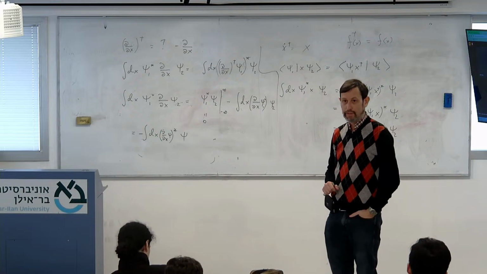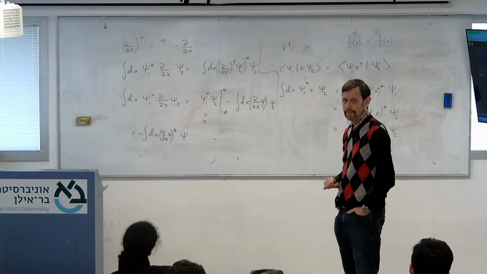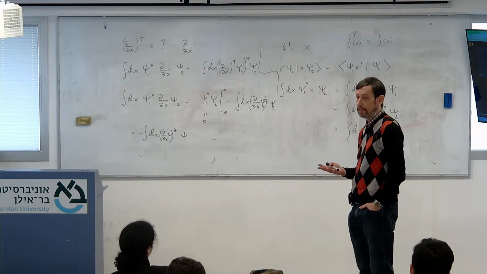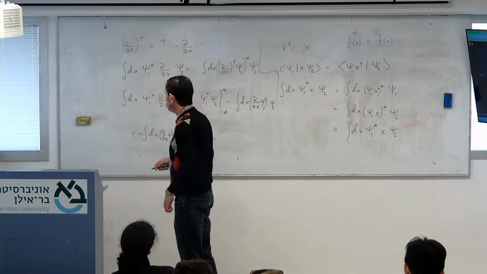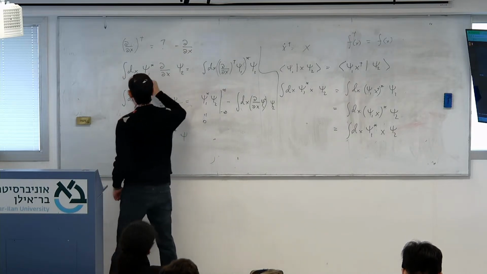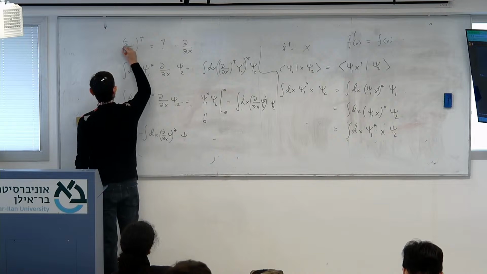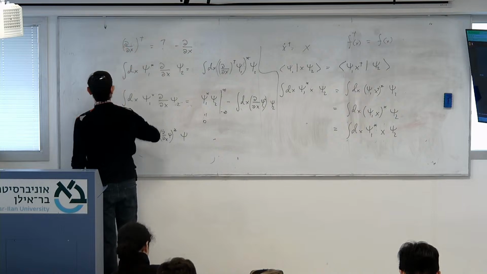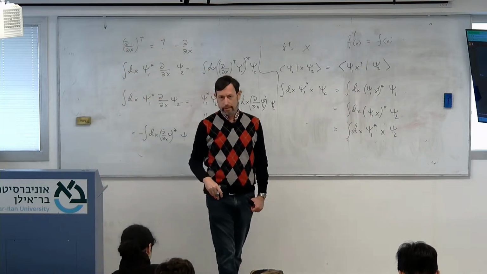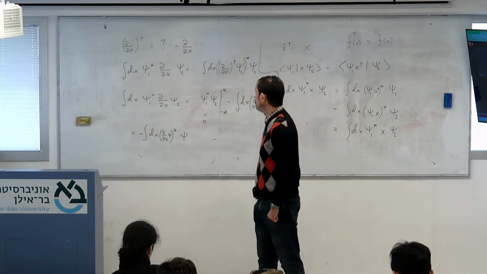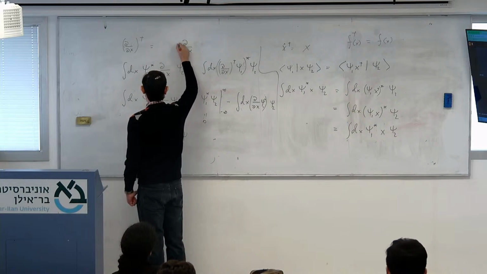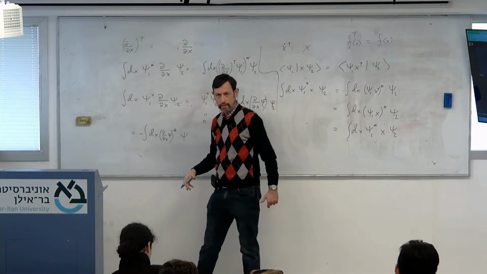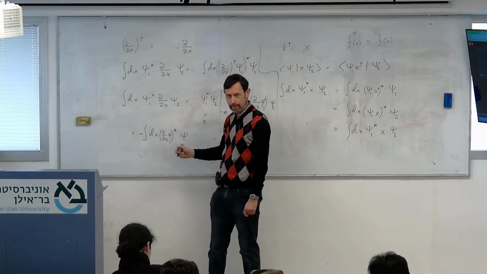I want to turn it into Hermitian. How do I do it? Multiplying by i. Exactly, I multiply it by i. If I multiply it by i, then I get x conjugate is equal to i, going through the same steps.